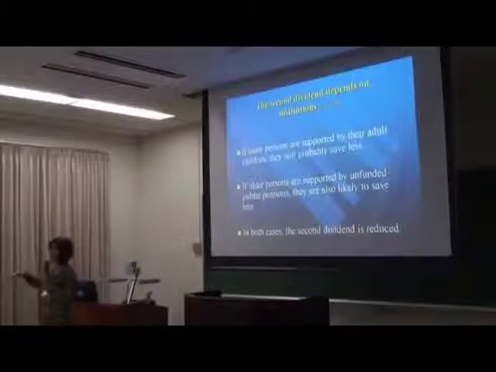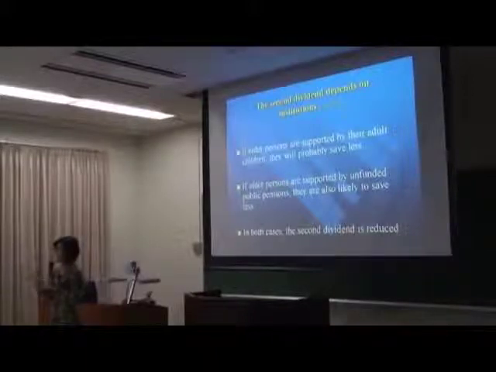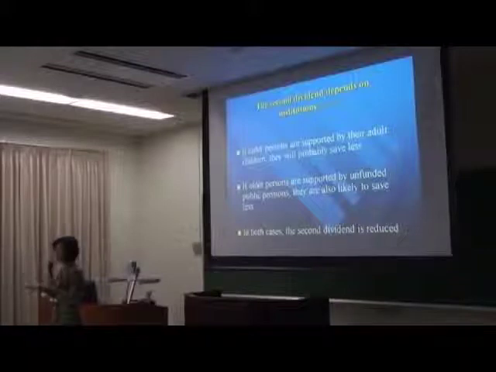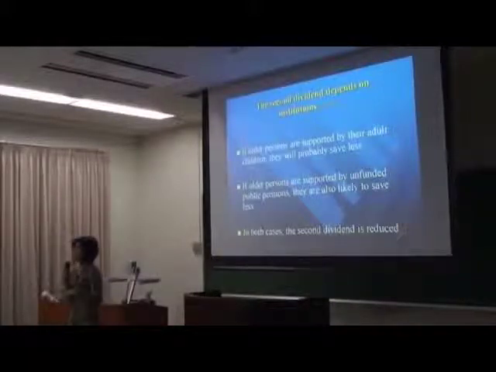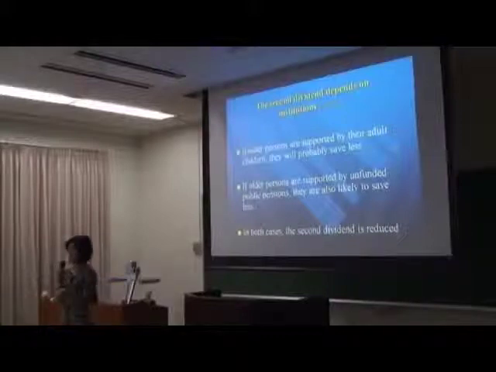Because the second dividend will take place only in an aging society, right? But the policy, the public sphere is much more difficult and needs a longer time to be well prepared. And that kind of policies needs to be taken place when they are in the first demographic dividend.